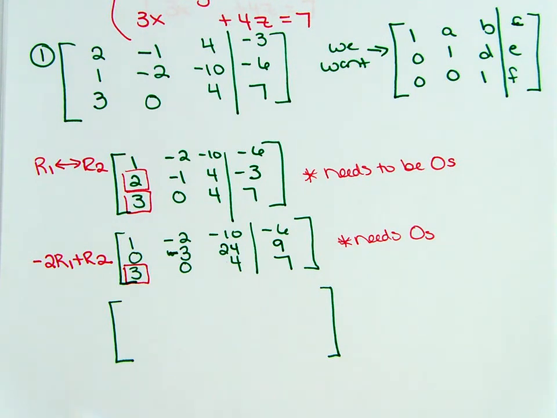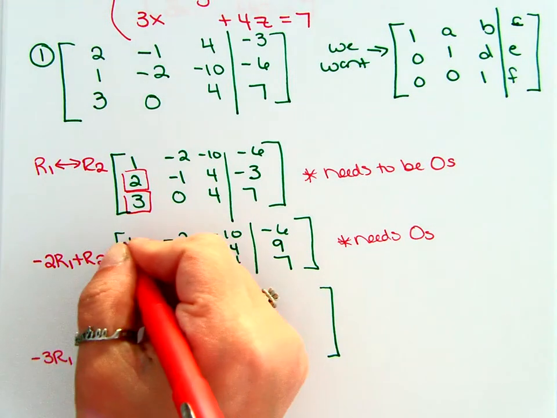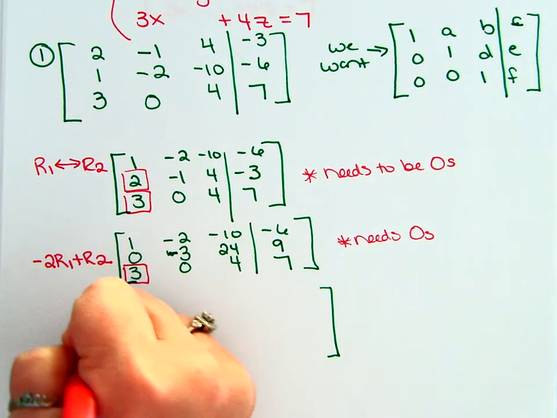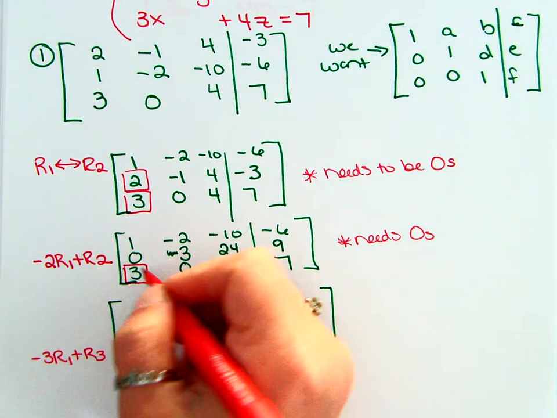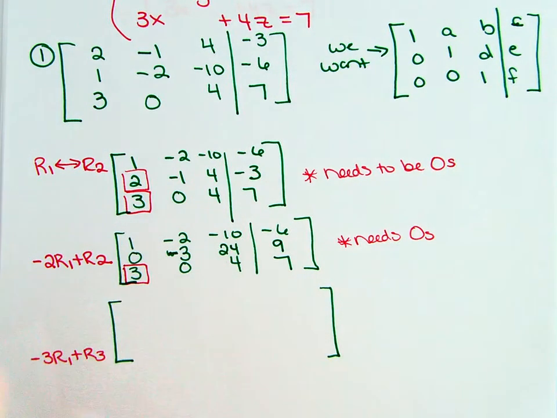That's exactly right. You're going to take negative 3 times row 1, because that's where we have our 1, and add that to row 3, because when we do that, we'll take negative 3 plus 3, which will get us to 0. So in this one, our top 2 rows are not going to change.